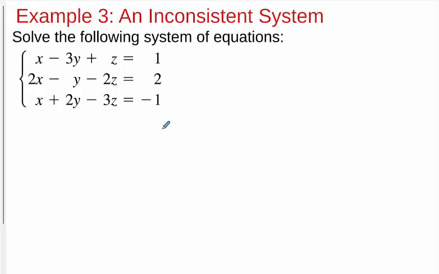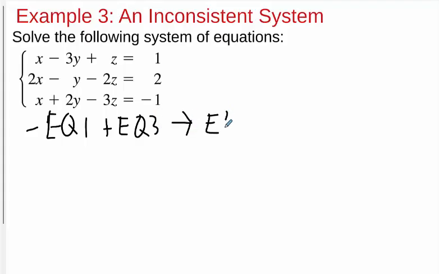We want to first get rid of that x right here. What do we do to do it? I would say negative 1 times equation 1. We're going to add equation 3, and we're going to replace it into equation 3.